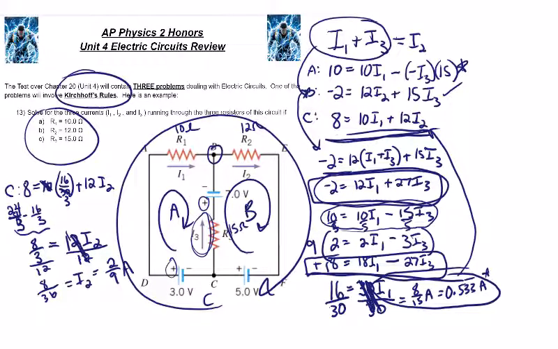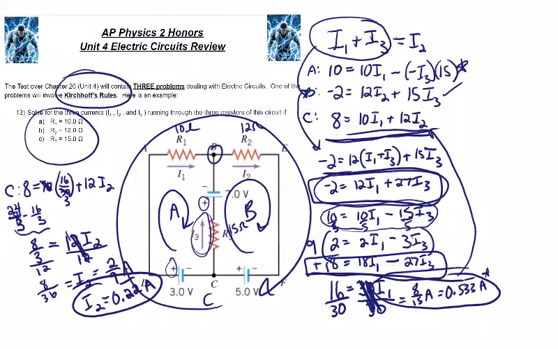So if I have 8/36, sure enough, 2/9. And 2/9 I know is 0.2 repeating in amps. So now I've got I1 is 8/15 of an amp, I2 is 2/9 of an amp.